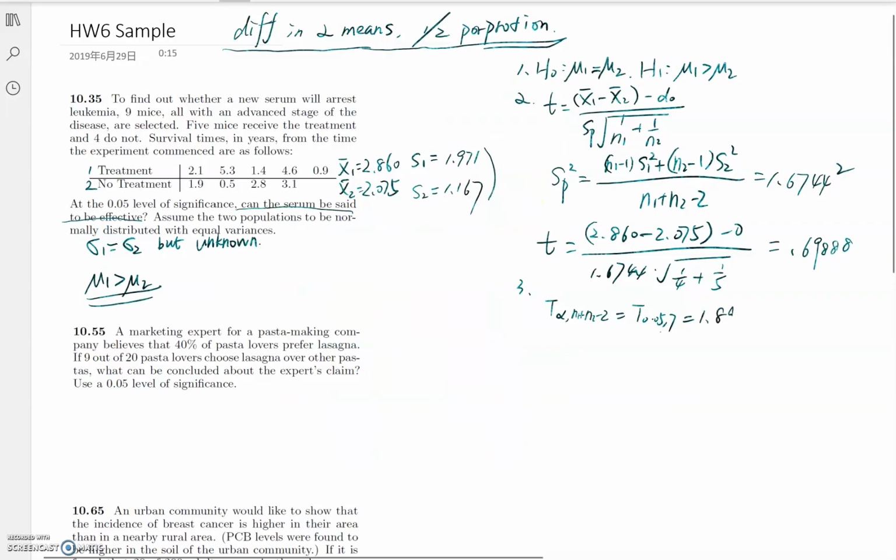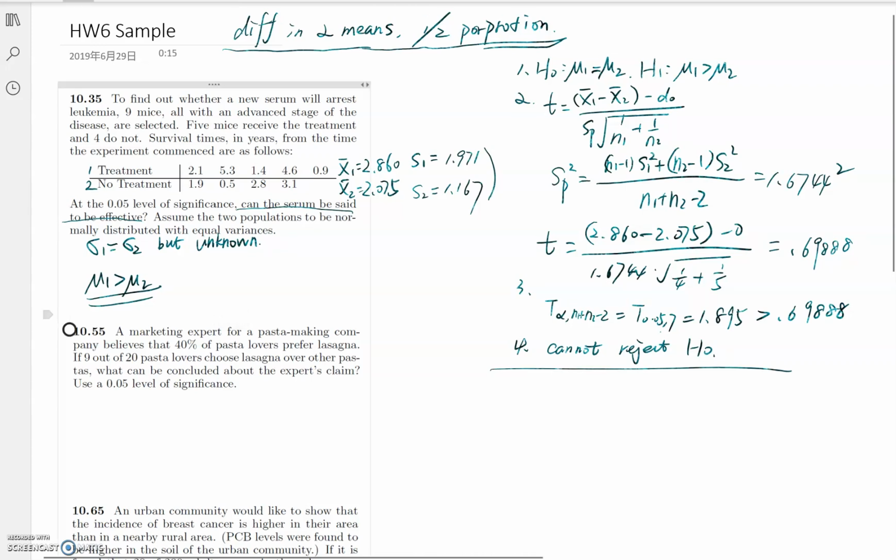It's 1.895, which is greater than 0.69888. So we conclude that we cannot reject H0. Okay, so that's the first question.